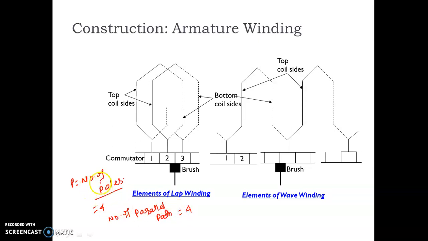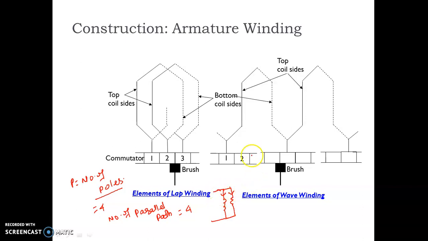As many poles as there are, the parallel paths will be the same. This is shown in your lap winding arrangement. If poles are 4, parallel paths will be 4; if poles are 2, parallel paths will be 2. I'm just giving you an example: with 2 parallel paths, the current will be divided here.